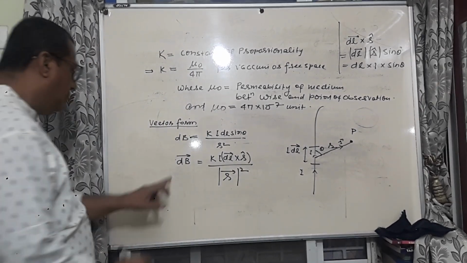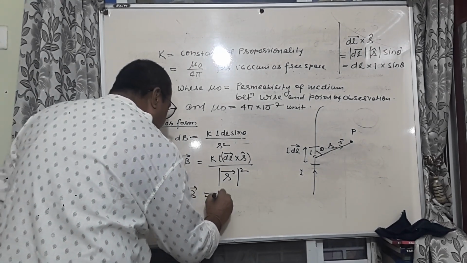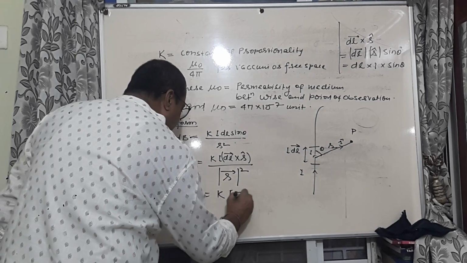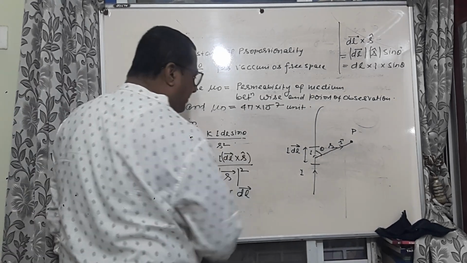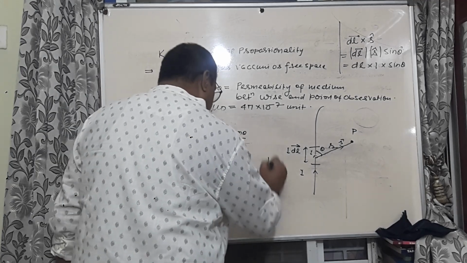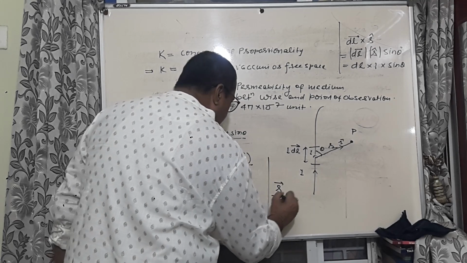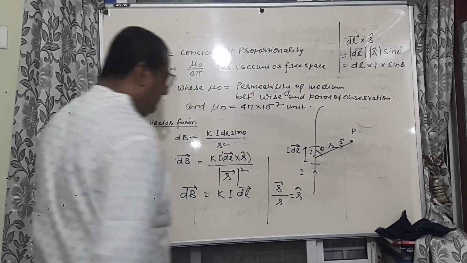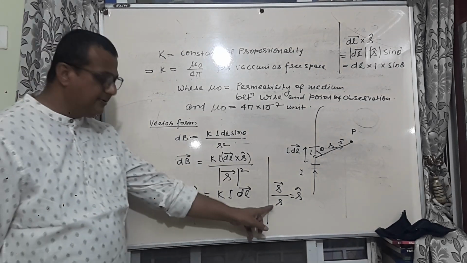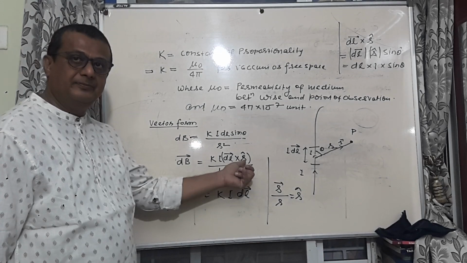Now again we can write dB is equal to k I dl. This r cap can be written as r vector divided by r. So we write r vector divided by r in place of r cap.